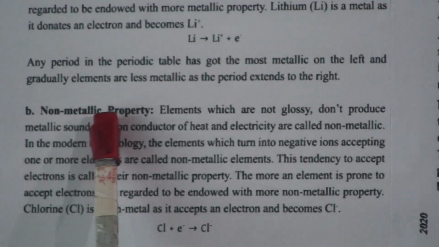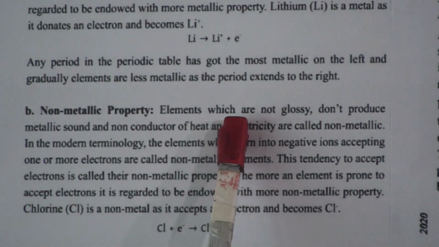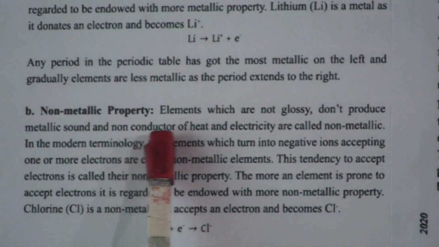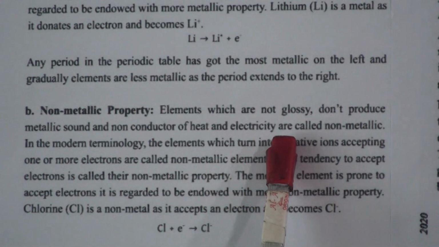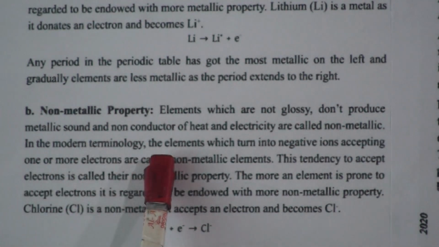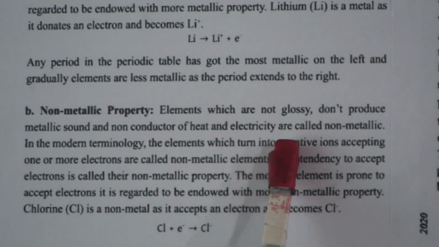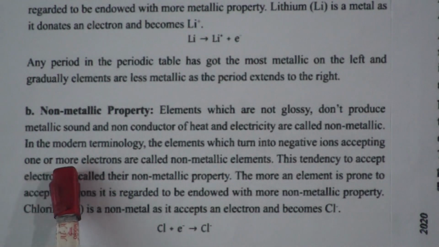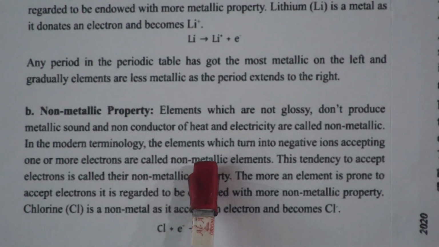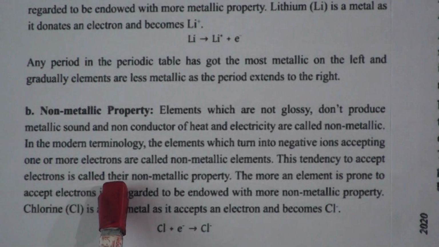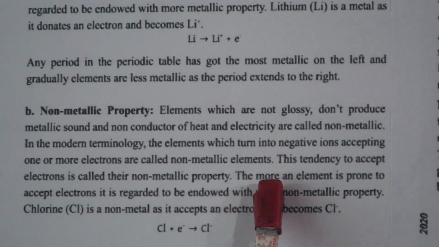Come to the next one, non-metallic properties. Elements which are not glossy, don't produce metallic sound, and are non-conductors of heat and electricity are called non-metals. In the modern definition, the elements which turn into negatively charged ions by accepting one or more electrons are called non-metallic elements. This tendency to accept electrons is called their non-metallic property.